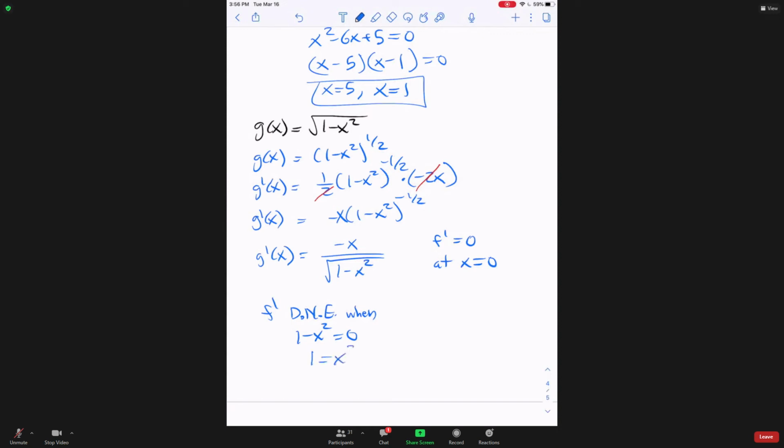So 1 equals x squared, square root both sides, plus or minus 1. So x equals 1, negative 1, or x equals 0, so here are your critical numbers.